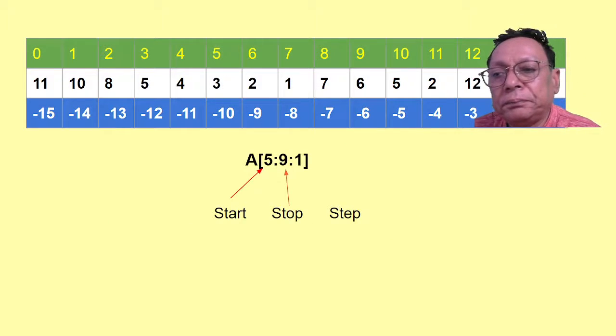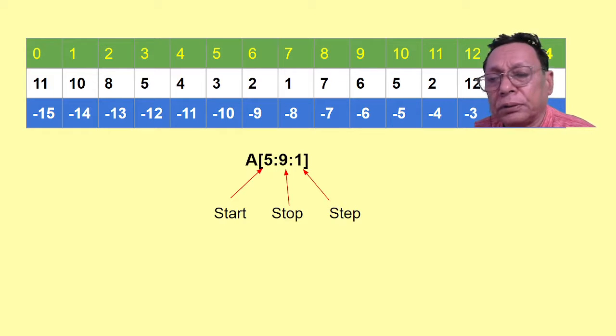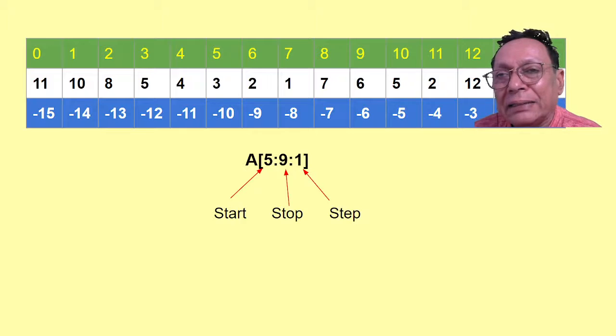See here, now it's time to get the slice. Suppose this is the list, and out of this list, we are going to manipulate the slicing. Here, the start index is 5, the stop index is 9, and the step is 1 by default.